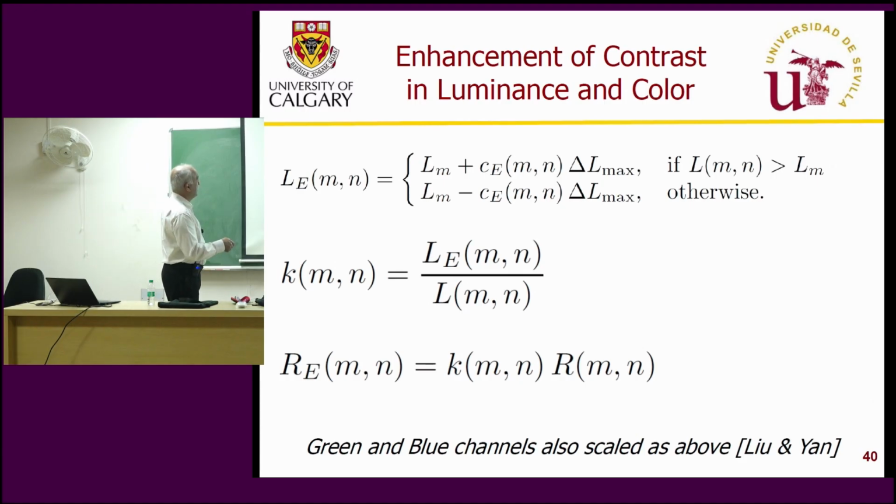So K is this ratio of LE to L, and the red component is multiplied with KMN, and the same for green and blue. So eventually the multiplication of this factor is done separately, channel by channel, RGB. But they are computed using both color and luminance contrast.